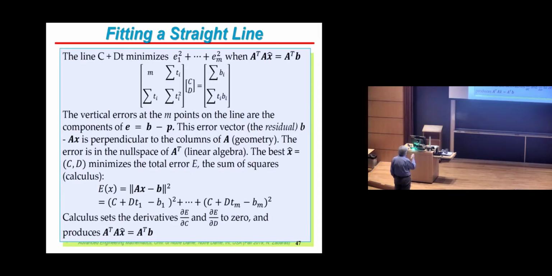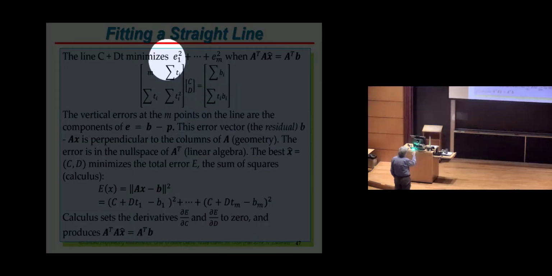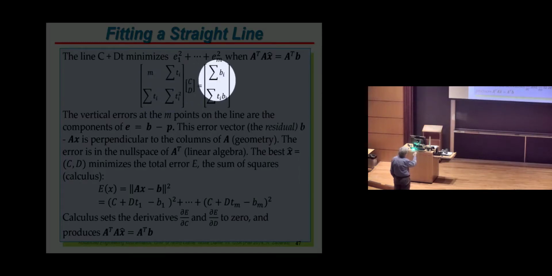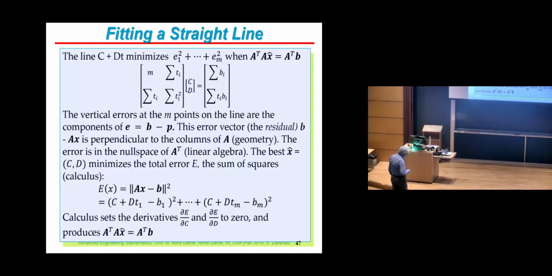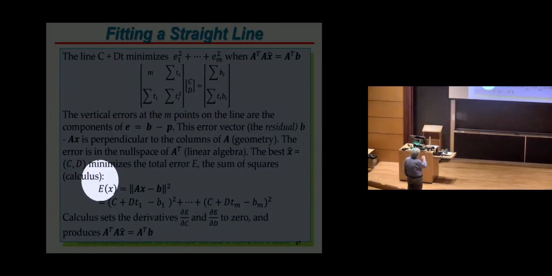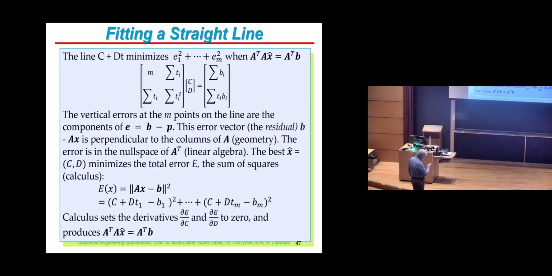So this is what you get with the more fundamental approach. But if you do this optimization problem and take derivatives with respect to C and D, and I have those in the notes, the equations that you get are identical to the ones that you see up there.